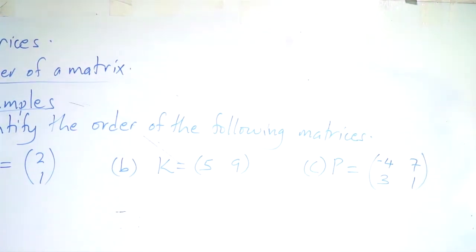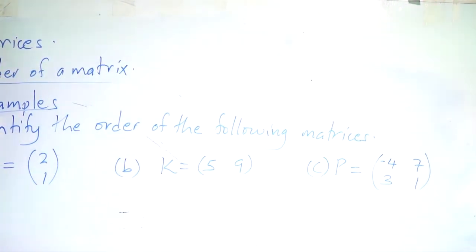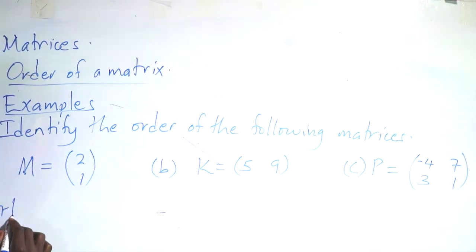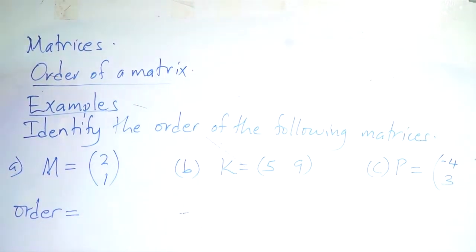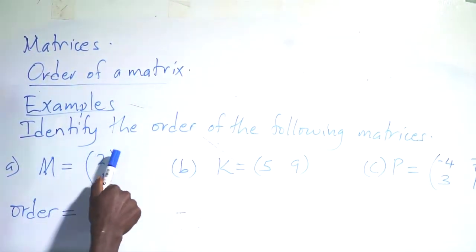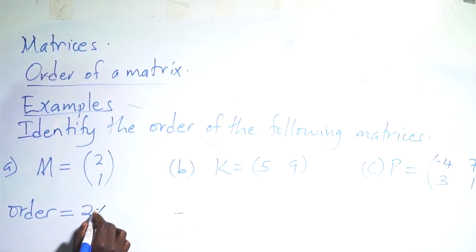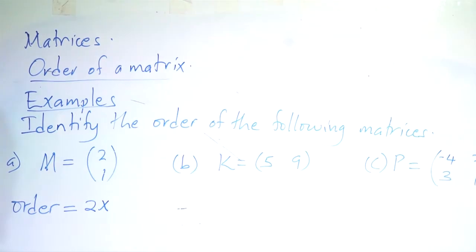Matrix M is 2, 1. So I count the number of rows. That is 1, 2. So I begin with the number of rows, then followed by the number of columns.